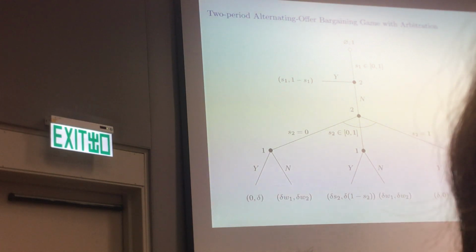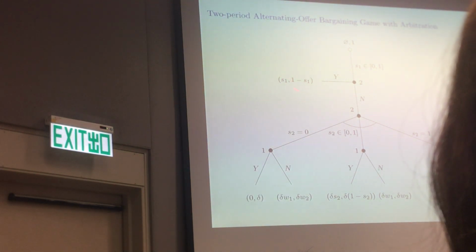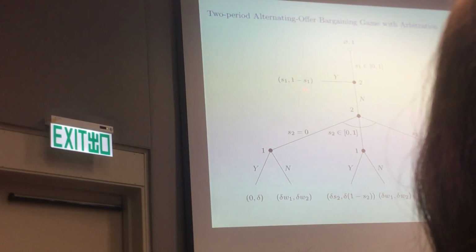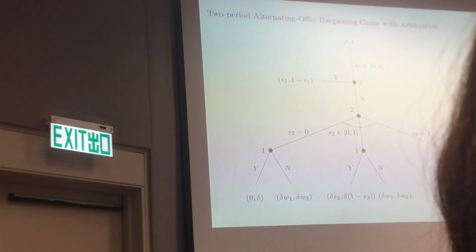And if player 2 chooses yes, then that's it. Player 1 will enjoy S1 and player 2 will enjoy the residual, the remaining part of the pie. So her payoff will be 1 minus S1. That is the case when player 2 chooses yes in the first period.